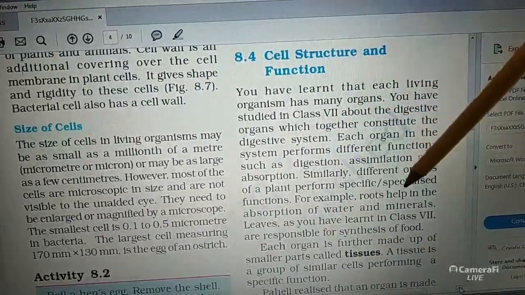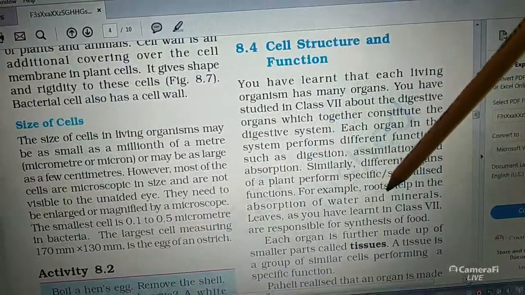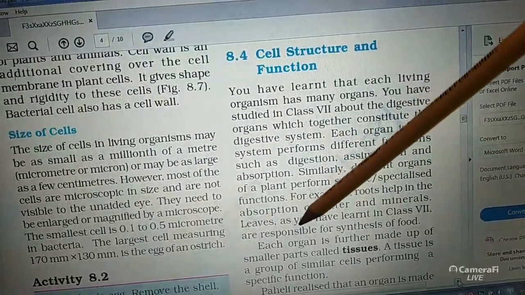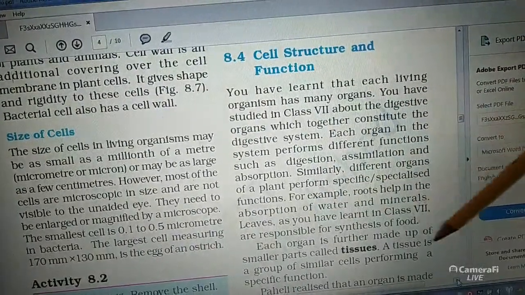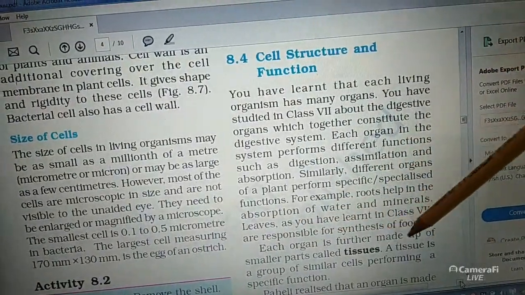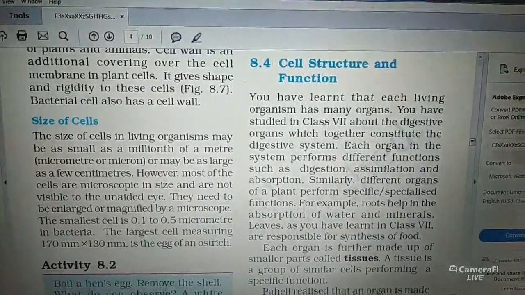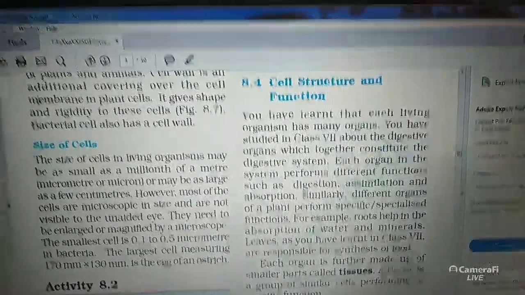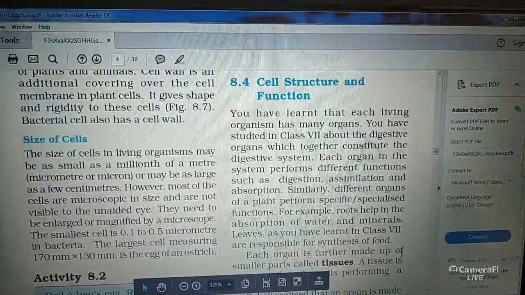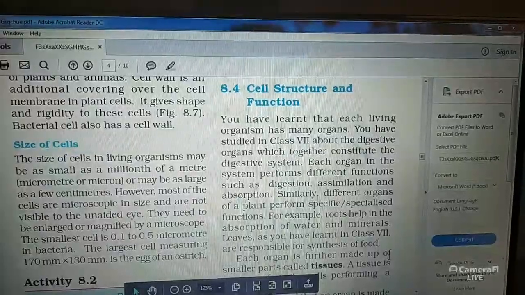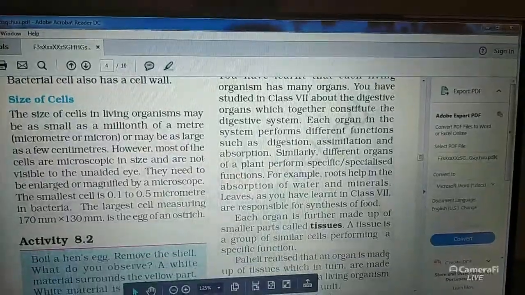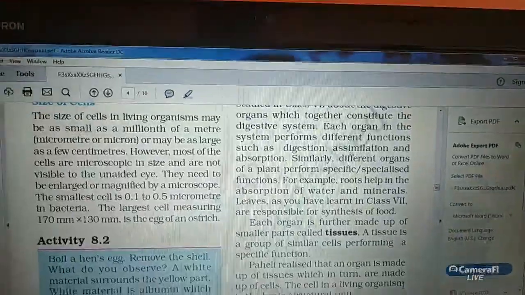For example, roots help in the absorption of water and minerals. Each organ is further made up of smaller parts called tissue. A tissue is a group of similar cells performing a specific function. So what do you mean by tissue? Tissue is a group of cells performing a specific function.